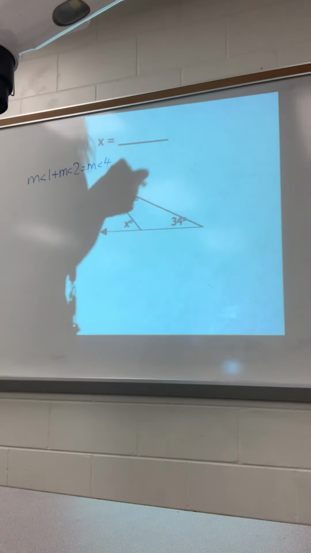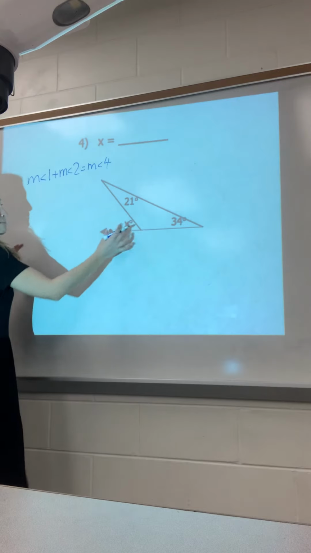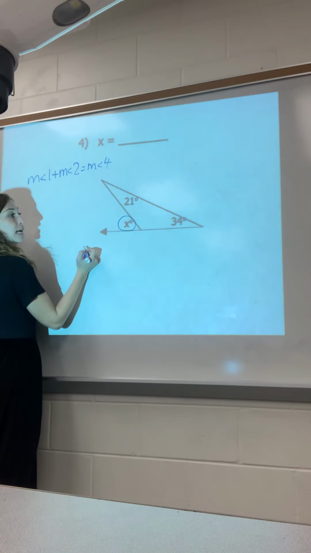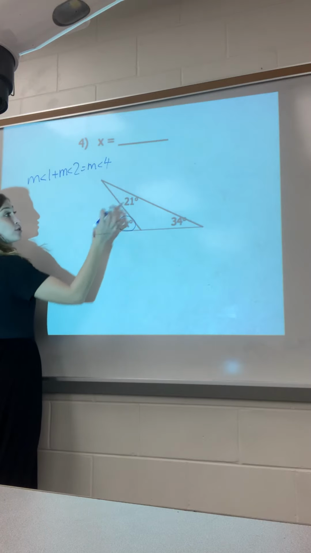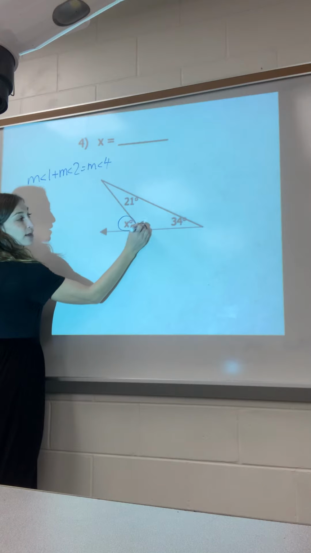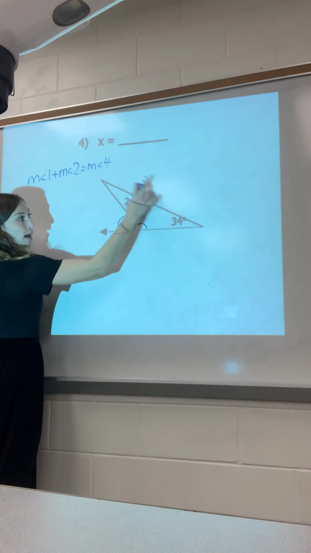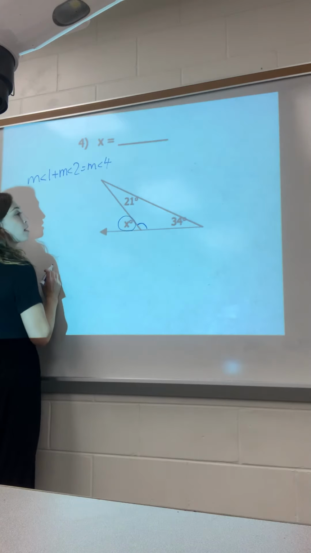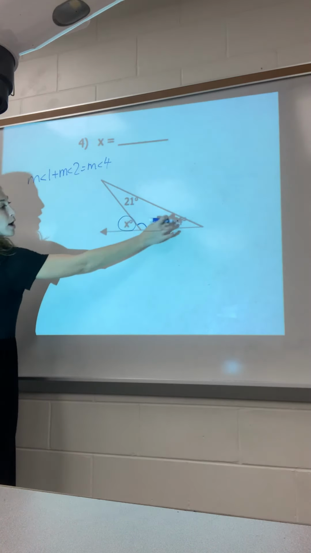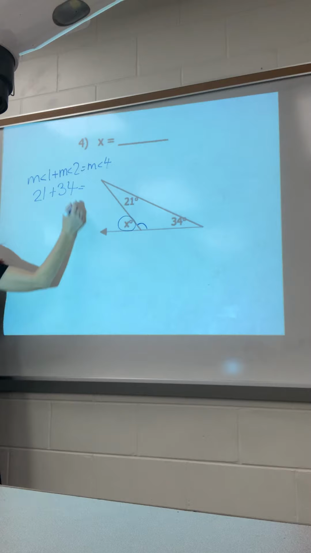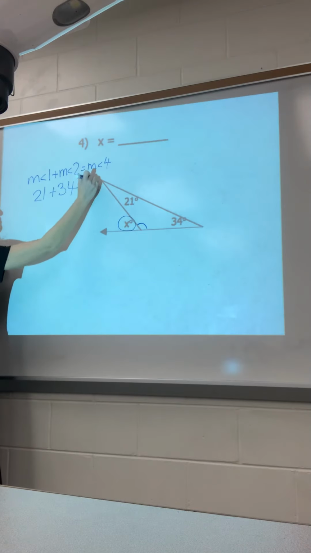Now, that being said, you can see my exterior angle right here is x. And my interior angles are 21 and 34. Notice, we did nothing with the angle next to it. We're just concerned about these three angles. So to give me my exterior angle, I'm going to do 21 plus 34 equals my exterior. In this case, it's x.